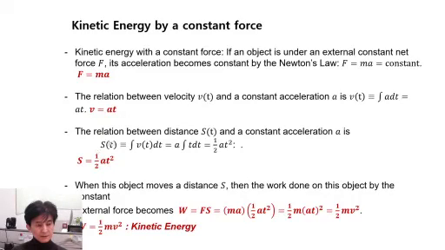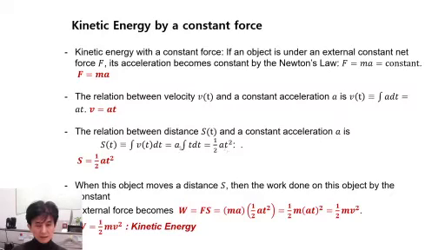And the distance traveled by an object, s, is defined as the integral of velocity. As the velocity is a times t, where a is the constant, the integral of velocity becomes the integral of t.